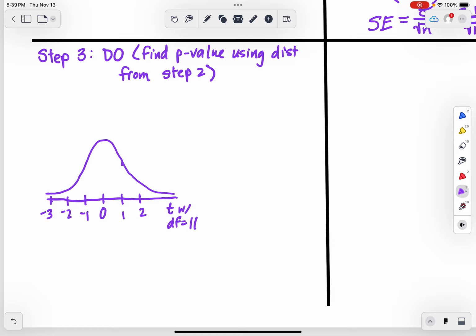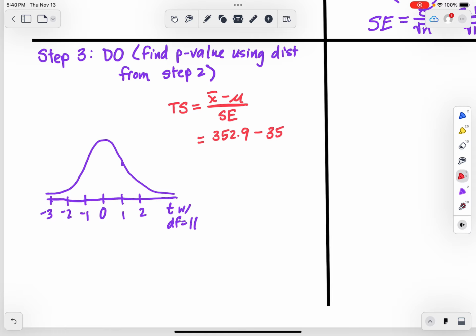And so now I've got to remember my formula for my test statistic. My test statistic, again, is just the standardization of my X bar, where mu in the null hypothesis is my population mean. So there's my formula for the test statistic, and my X bar was 352.9 milliliters.